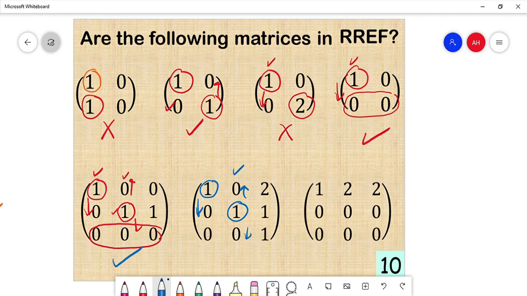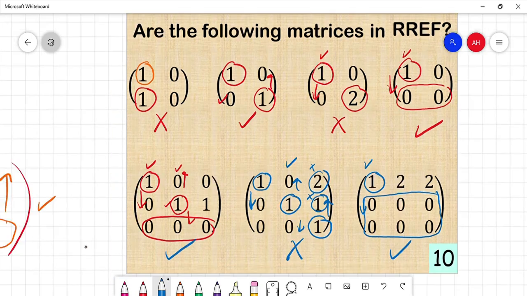Now the leading one for the third row is this one, above it, oh, this one is not 0, therefore this is not in RREF yet. Now the leading one for this row, the numbers below it are all zeros, good, and all zero rows are written at the bottom of the matrix, so this is in RREF.